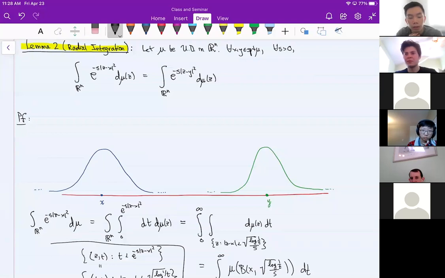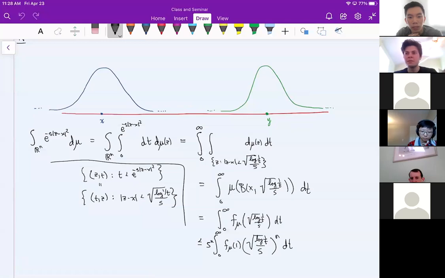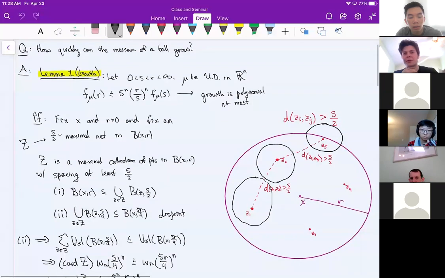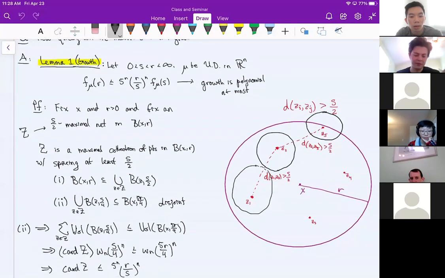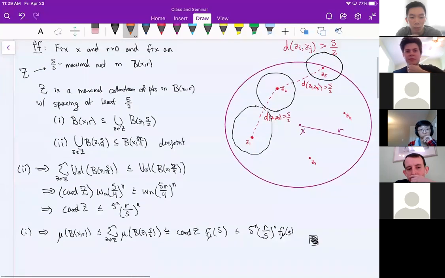Jared, I have a question. Yeah. Does Lemma 1 only work for Lebesgue measure, or is it any uniformly distributed measure? Lemma 1 works for any uniformly distributed measure. Lemma 1 is about this distribution function for mu, where mu is any uniformly distributed measure. So I think in the proof that you showed, we used the fact that the volume of a ball is like Wn and then something to the power of n, right?